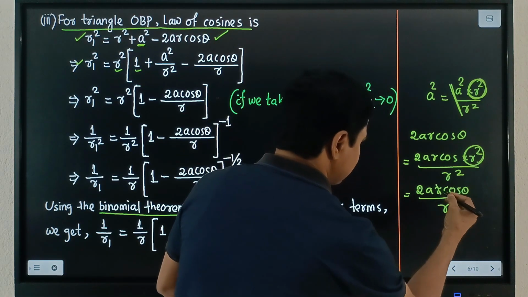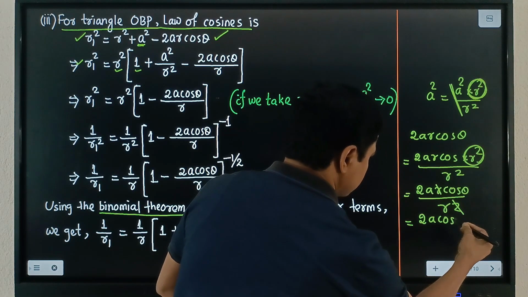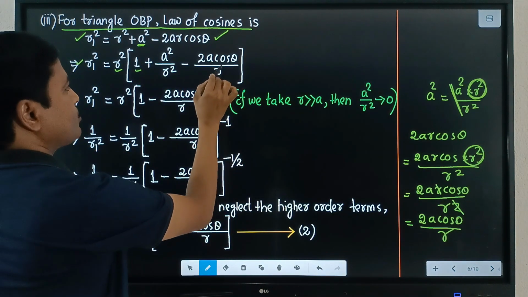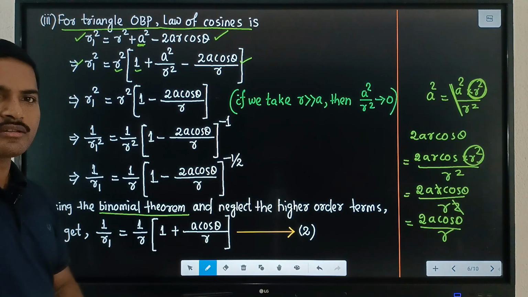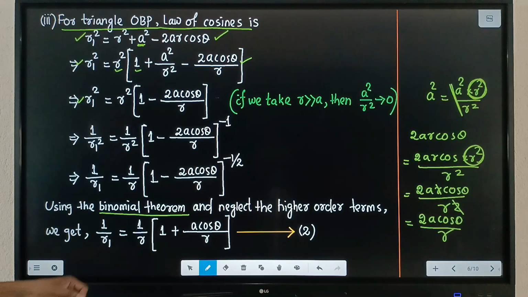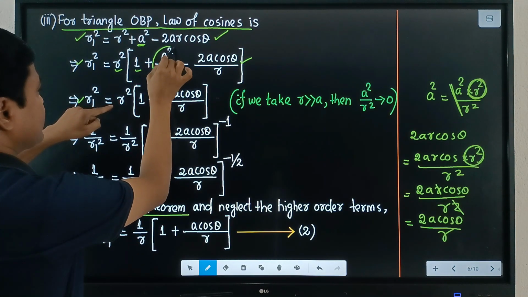One r cancels, so this is equal to twice a cos theta divided by r. Clear? Then r1 square is equal to r square times 1 plus a square by r square minus twice a cos theta by r.